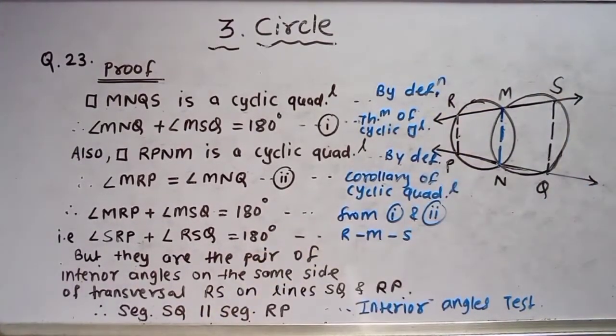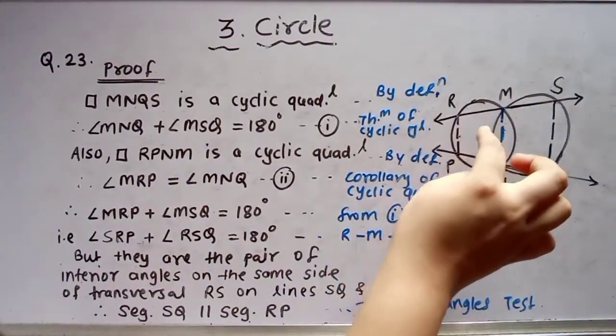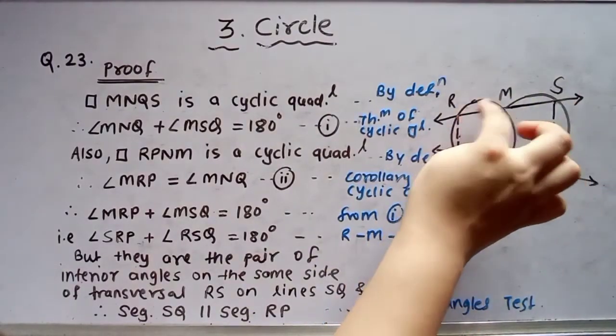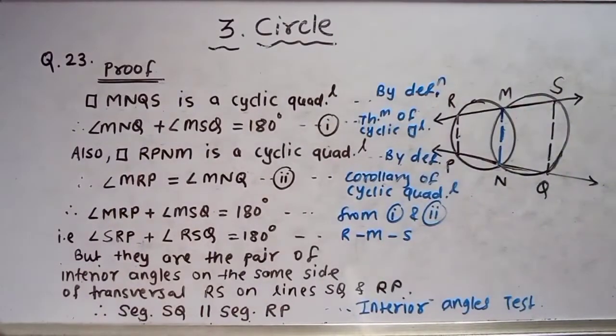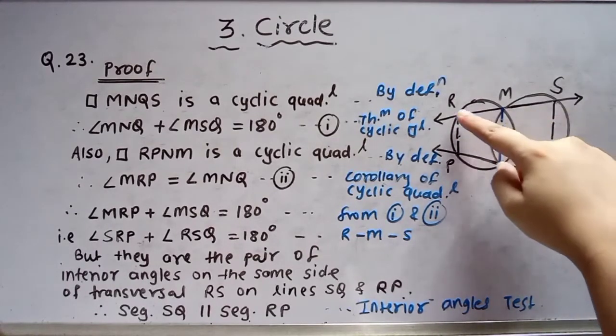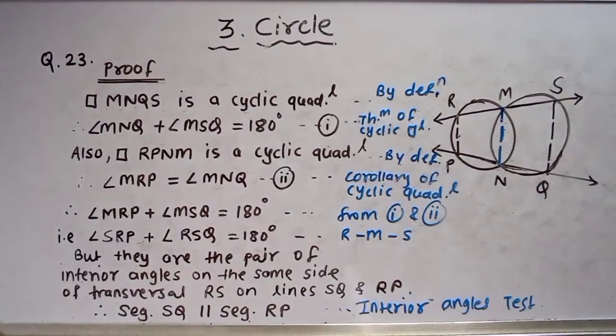Now see this SRP and RSQ. These are forming what? A pair of interior angles, yes or no? So I have to write here, they are the pair of interior angles on the same side of the transversal RS for lines RP and SQ.